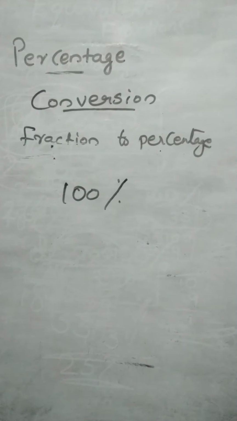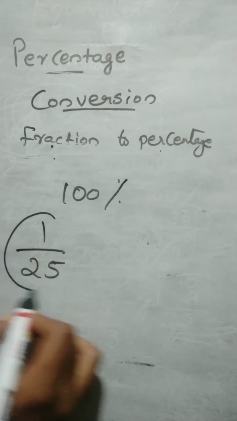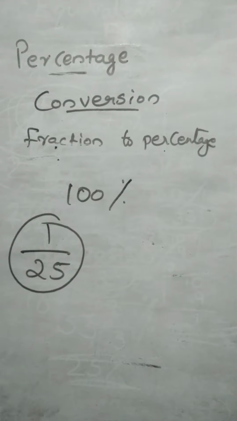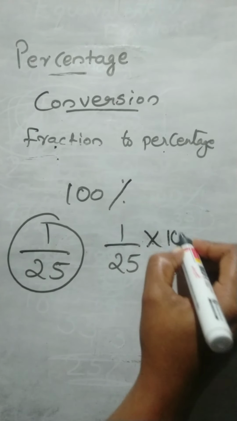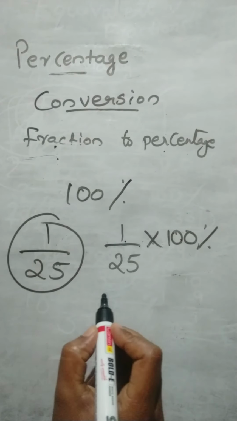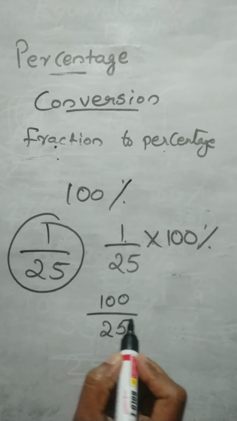Example, again 1 on 25. We have to convert this into percentage. What is the first step? 1 on 25 times 100%. 1 times 100, 100 itself. Then 25 is the denominator.